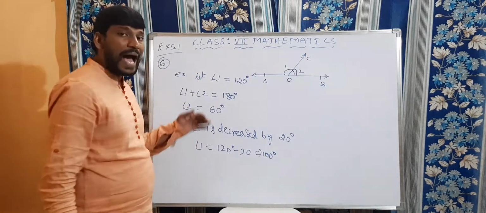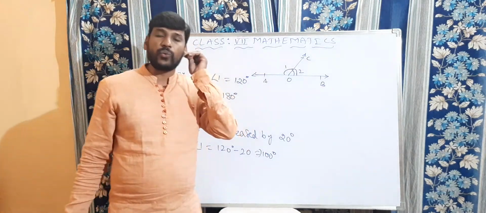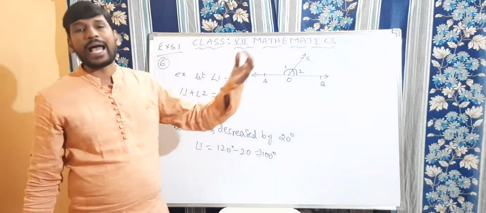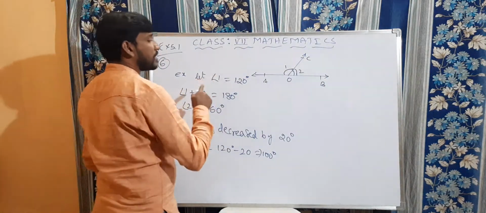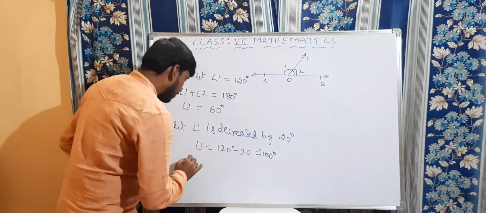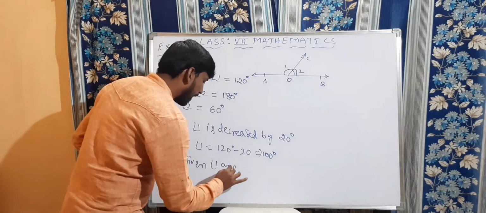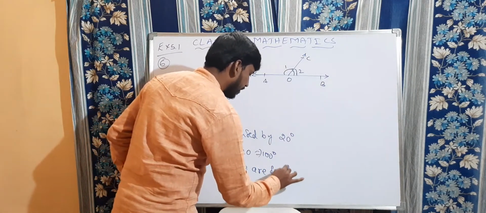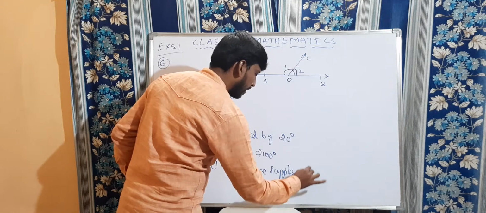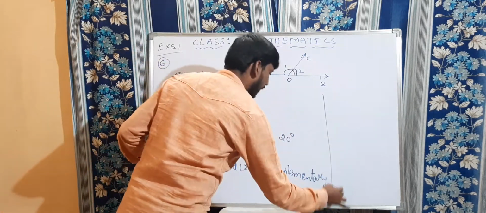If angle 1 is decreased, what changes in angle 2? See here, they gave that these two are compulsorily supplementary angles. So both must be supplementary, and the sum of those two angles must be 180.